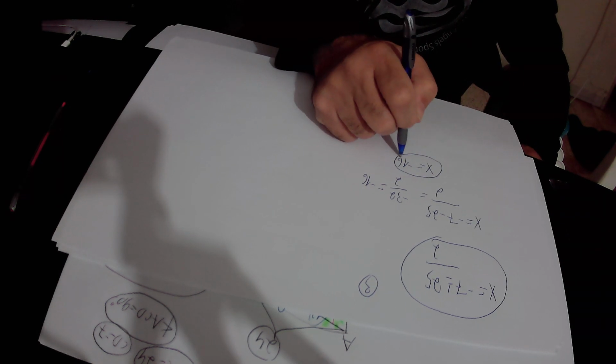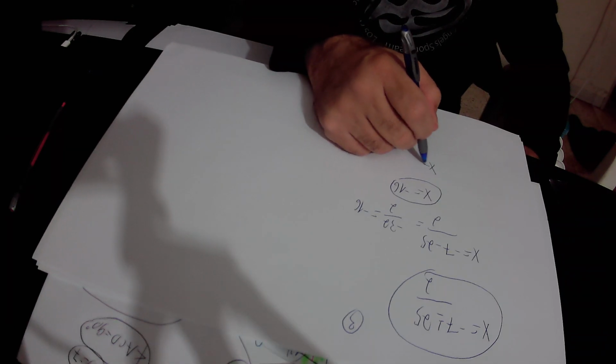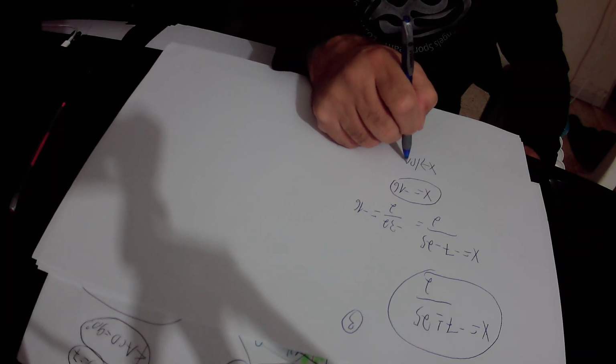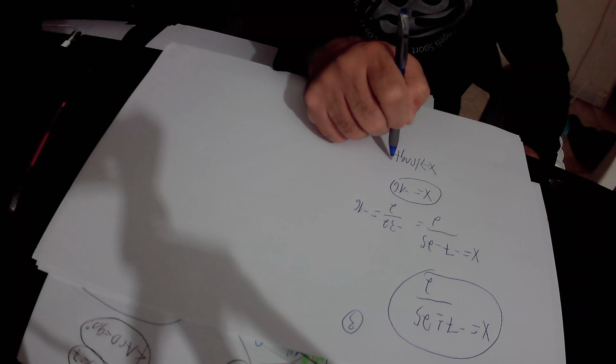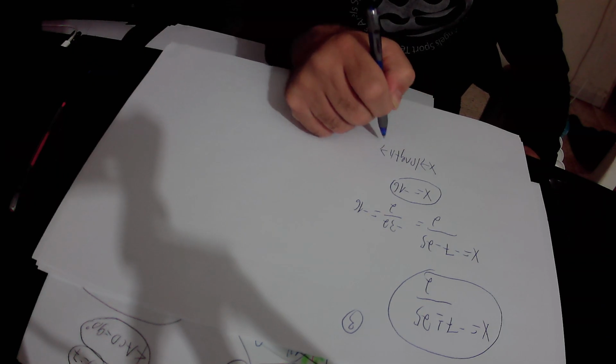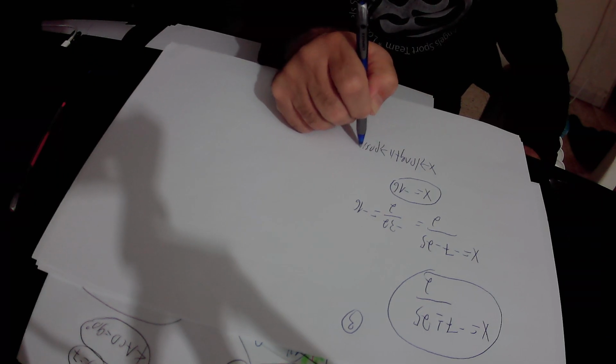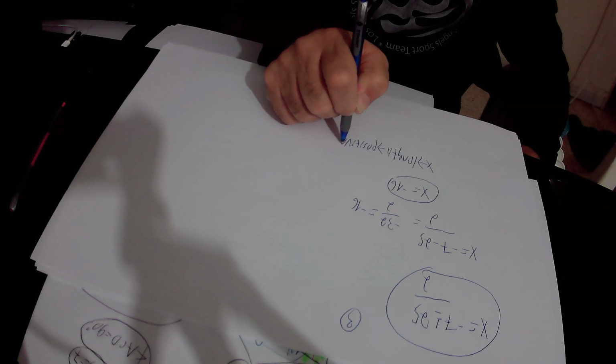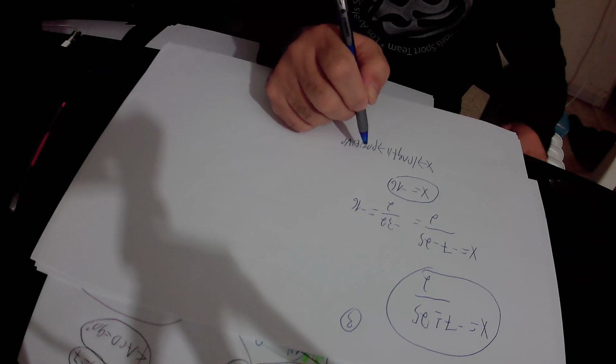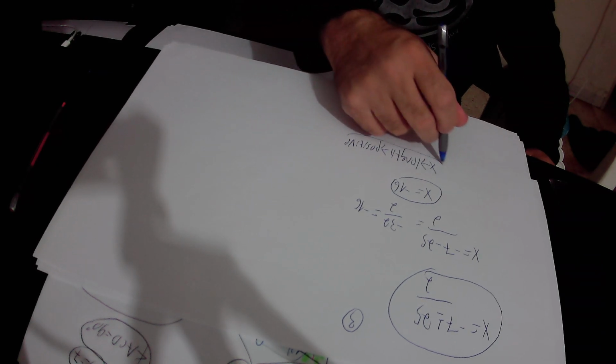But because x is a length, and the length must be a positive number, it is impossible that x will be equal to minus 16, that is a negative number.